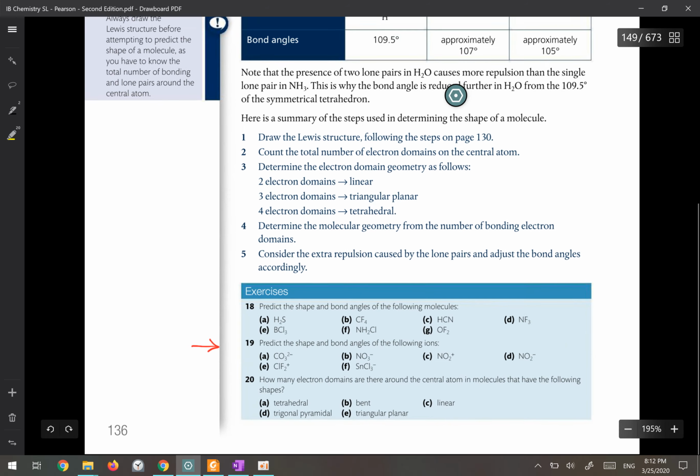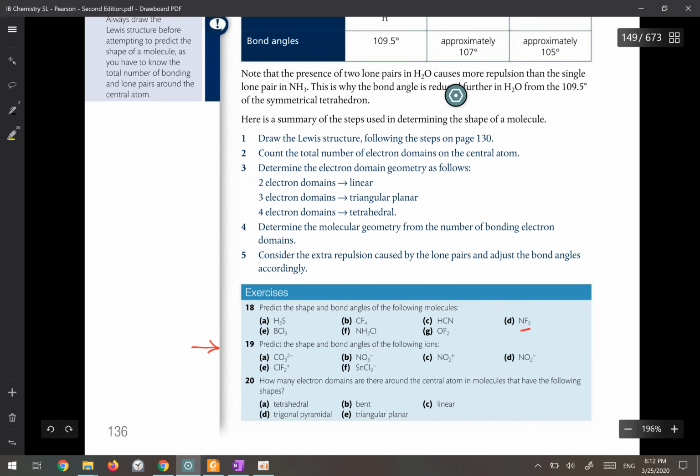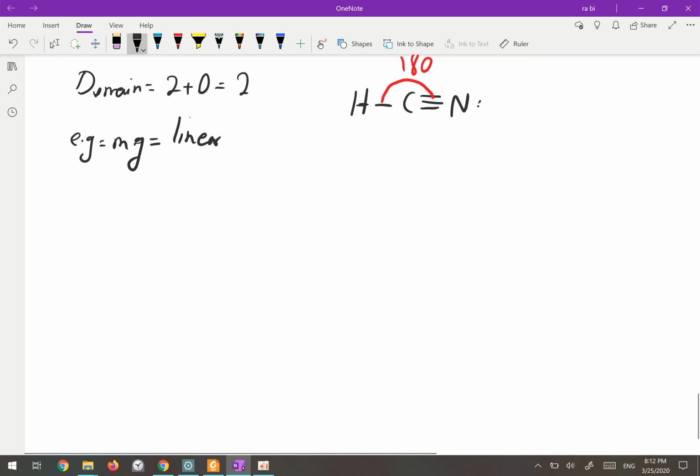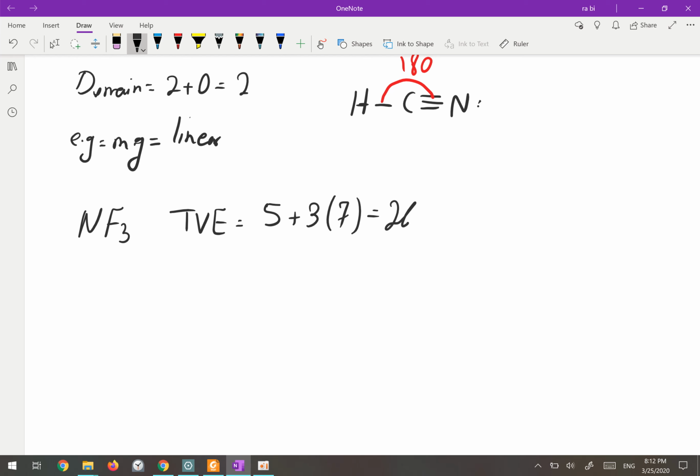The next molecule is NF3 that we have, then BCl3. Okay, for NF3, total valence electrons, nitrogen is 5, plus 3 times 7 for fluorine, becomes 26 electrons. Nitrogen comes here.